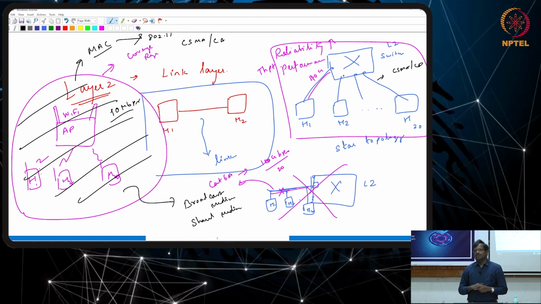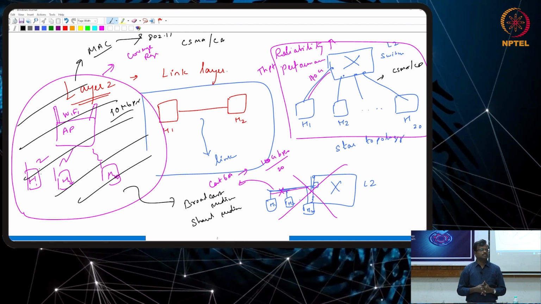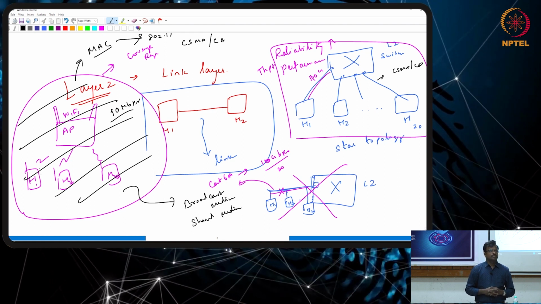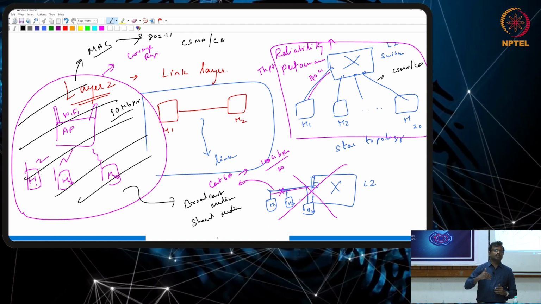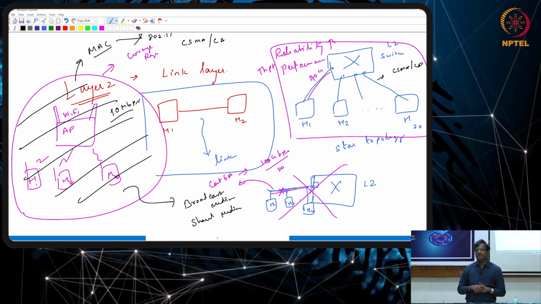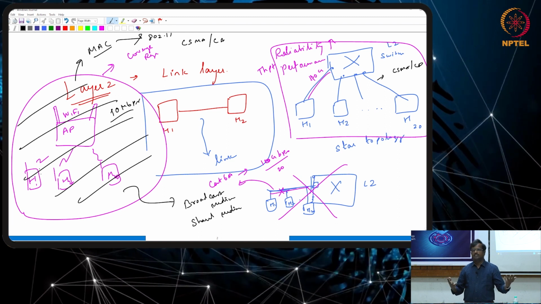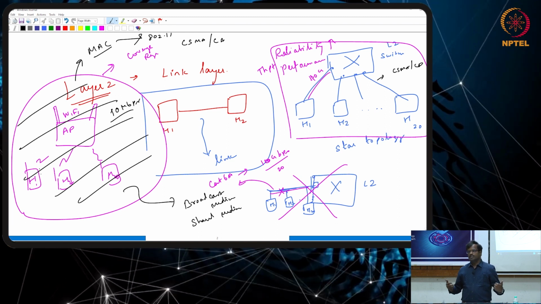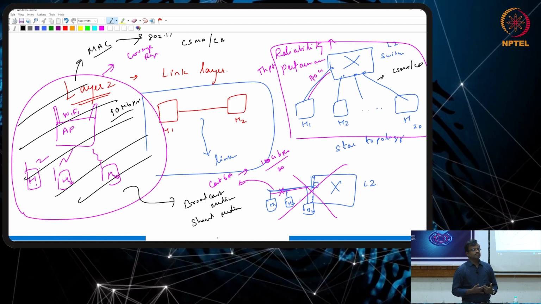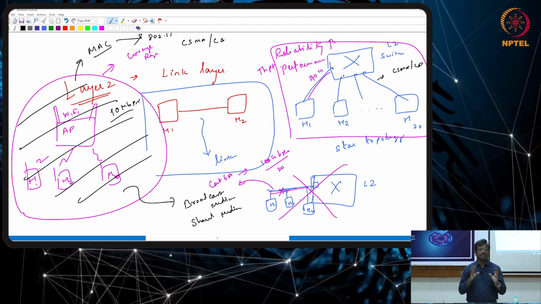Why? Because you don't know how many players there are in your broadcast domain or collision domain. So with every collision, you increase your back off, dynamically adjusting it, sensing that when I'm having more collisions, there are more devices, so I need to wait more.